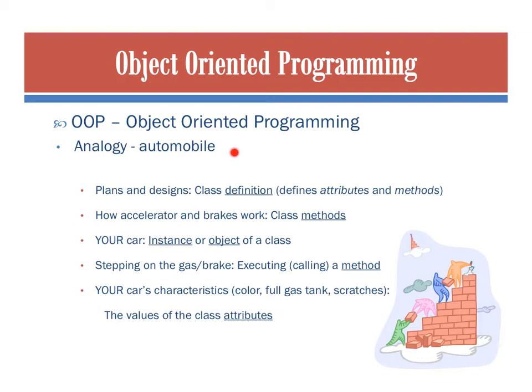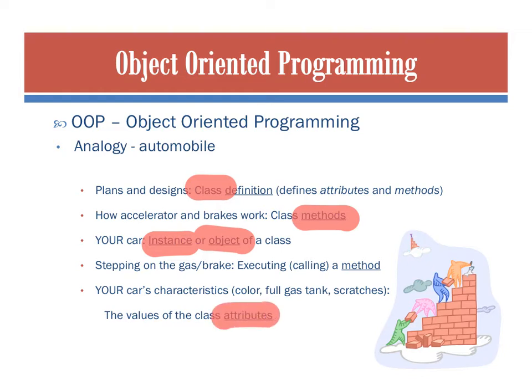If we continue with this analogy of the automobile, let's take a look at our concepts of class, method, instance or object, and attributes. If we have plans or designs or blueprints of a car, that's going to be our class definition.